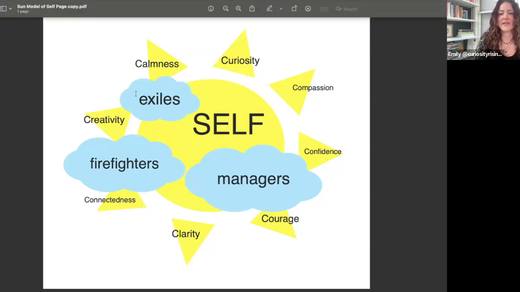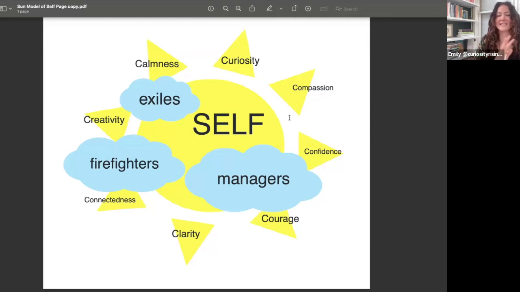So how you know when you are experiencing self energy is when you are able to access the energy of calmness, curiosity, compassion, confidence, courage, clarity, connection, and creativity. This model is really helpful to look at because self is always there. The essence of self is always there, but sometimes we can't feel it.